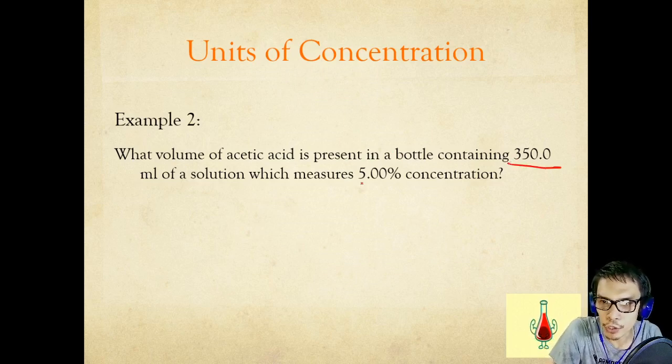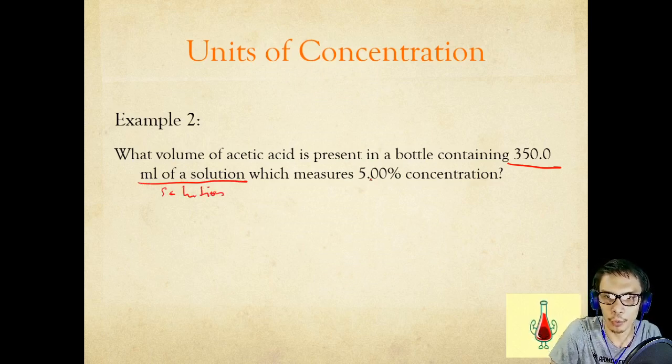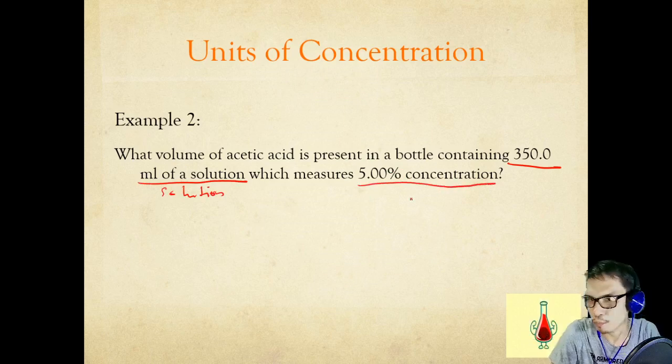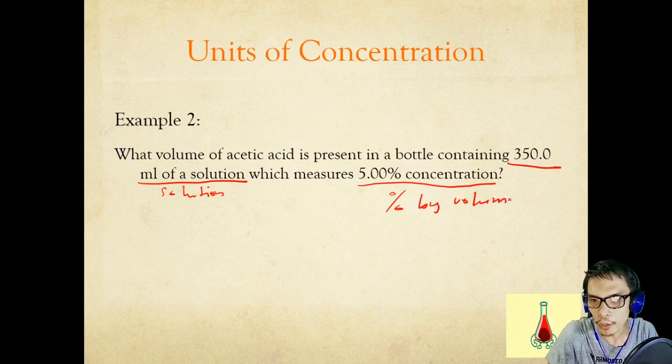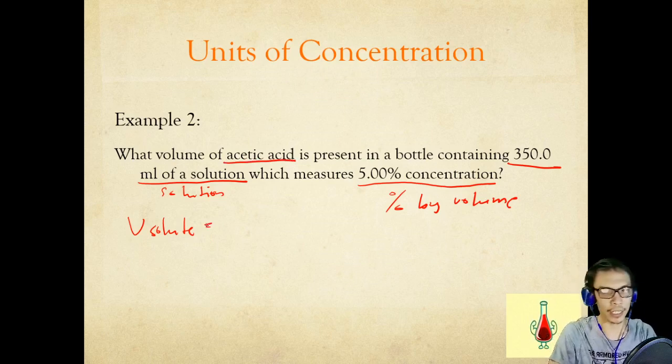There is a volume of solution, and we have this 5% over here, which is the percent by volume. We are looking for the volume of the solute, which is the acetic acid. So what is the volume of the acetic acid?